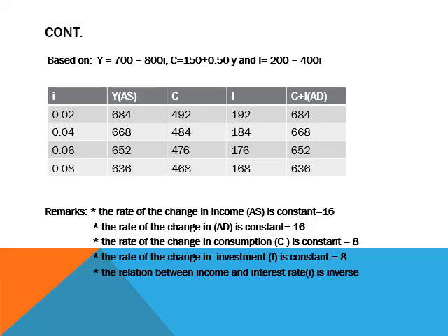Now let's move to the last level of interest rate, which equals 0.8 or 8%. Again, by substituting this interest rate in the IS equation, Y equals 700 negative 800 times 8%.